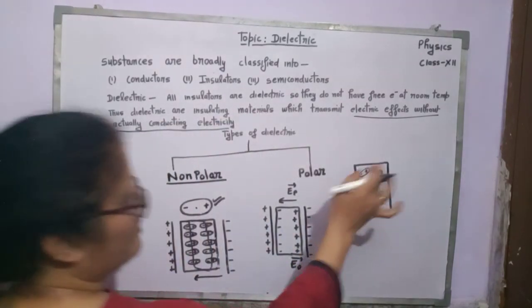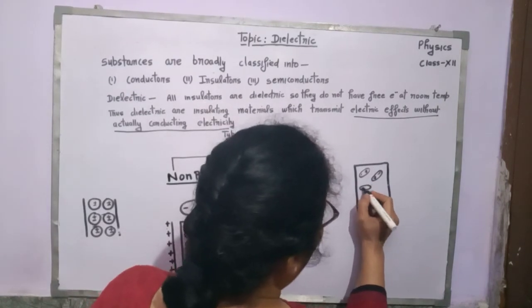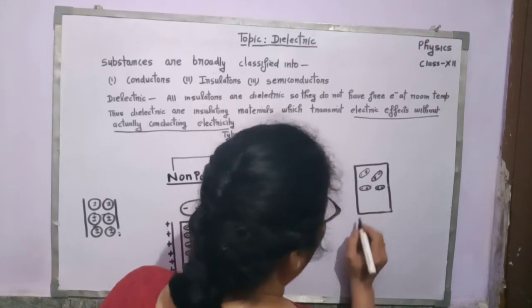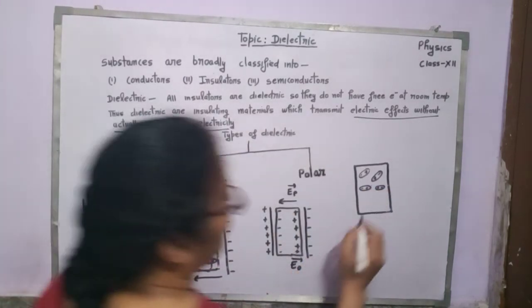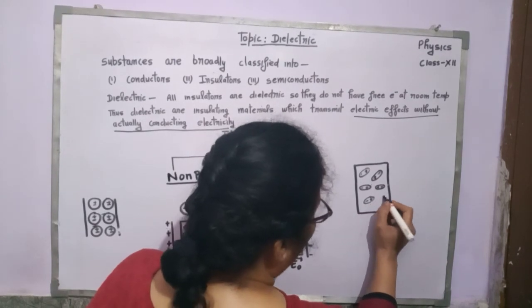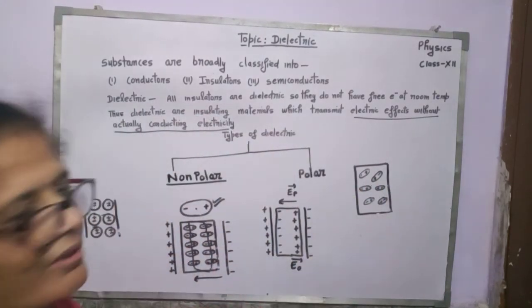These two cancel each other's effect. Similarly, they are randomly oriented. This is negative, this is positive; this is positive, this is negative. They cancel each other's effect. In the similar case, this one minus plus, this one plus minus. All these cancel each other's effect.